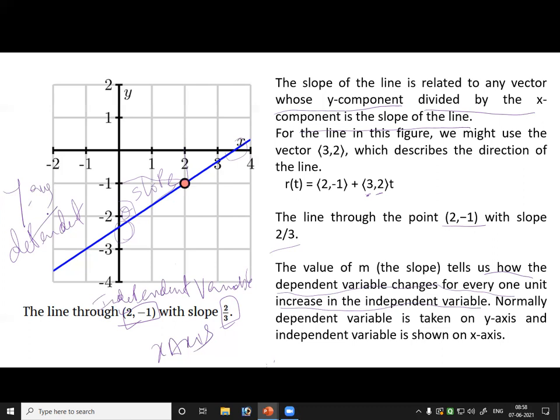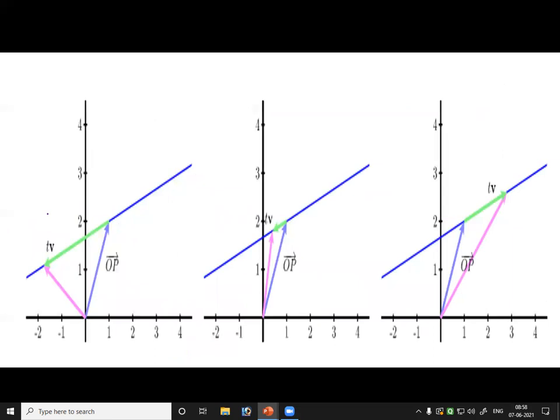Okay, next we will see these examples of lines. This is one line with a slope, and another with another slope. If the slope gets varied, slope means 0 to 360 degrees.